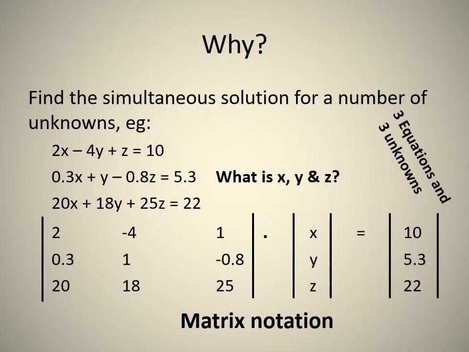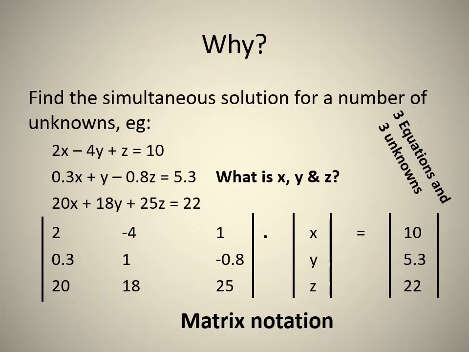Good, so we have said that the main reason for using matrix algebra would be to solve unknowns in a set of equations. This is a very small example where we have three equations. We have the equation 2x minus 4y plus z equals 10, where x, y, and z are unknown.